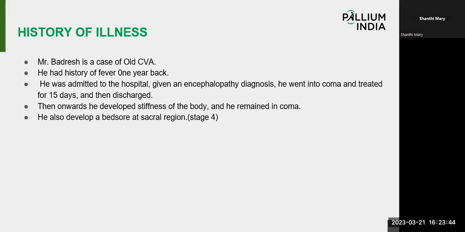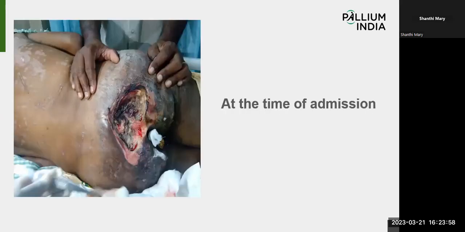Then onwards, he developed stiffness of the body and he remained in coma. He also developed a bed sore at sacral region, which was at stage 4. So at the time of admission, he came in this condition.